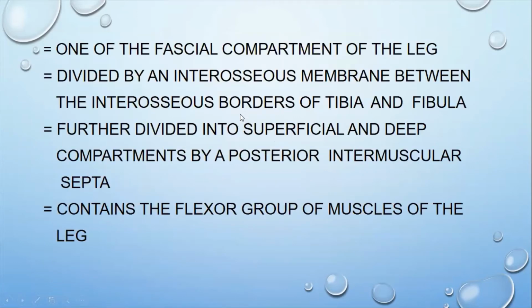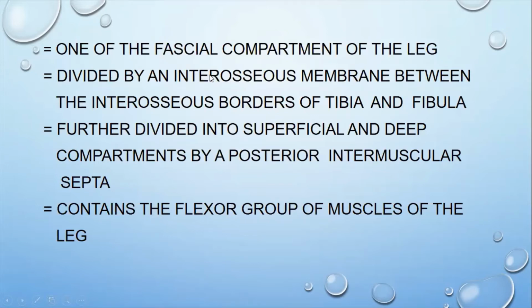There are three compartments of the leg: the anterior compartment, the lateral compartment and the posterior compartment. The posterior compartment is kind of the bigger of the three fascial compartments of the leg.